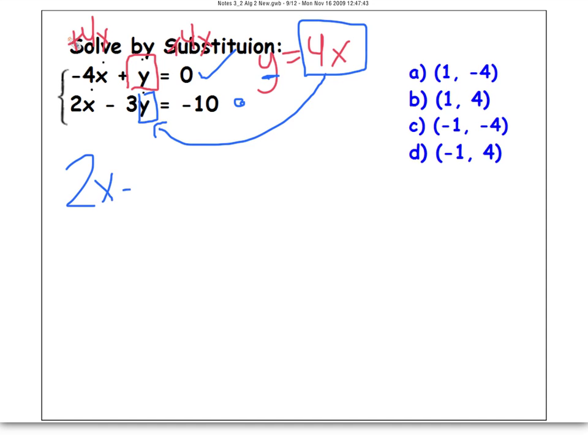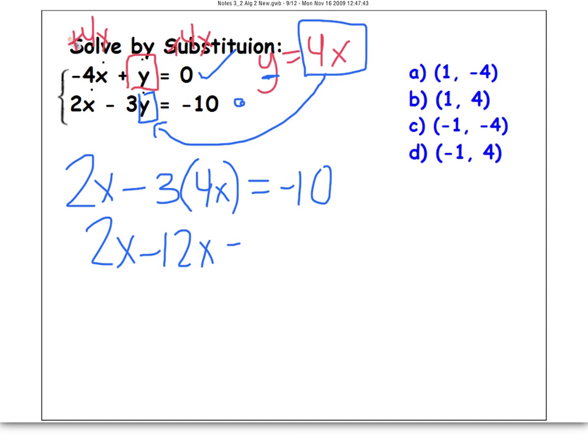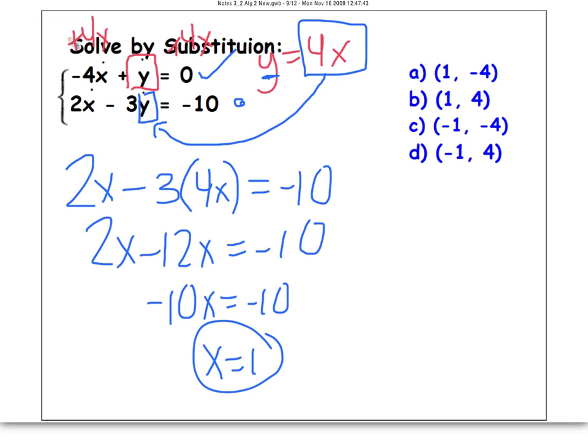So we have 2x minus 3 times 4x equals negative 10. To solve, 2x minus 12x equals negative 10. 2x minus 12x is negative 10x. Divide by negative 10, x will be 1. Now to find the y this time, I'm going to choose to take the x of 1 and put it into that x value.